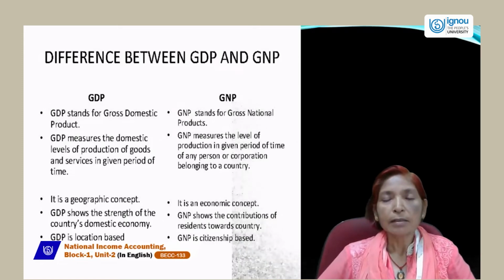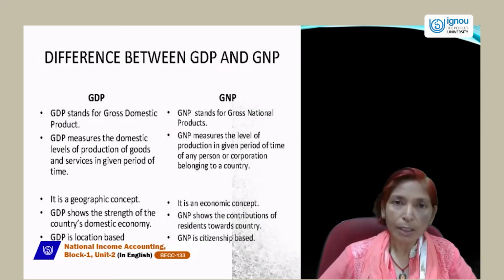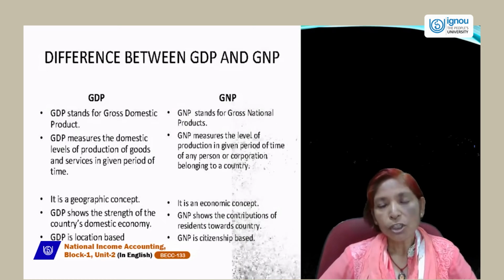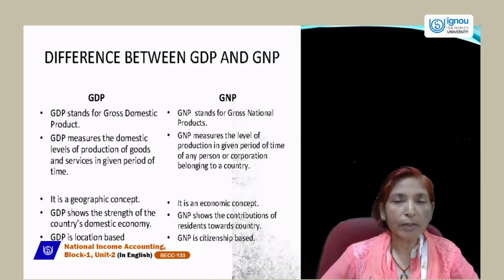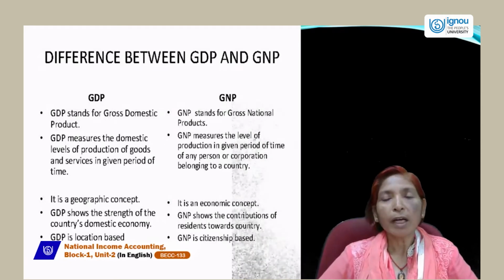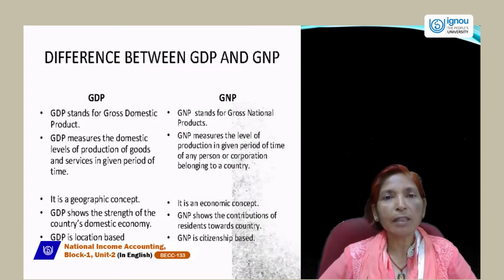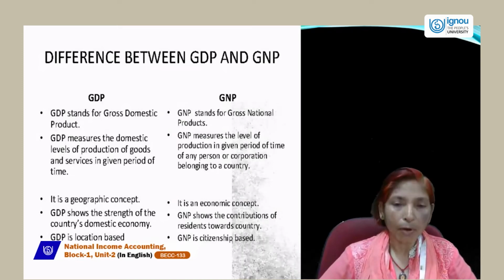And if we deduct NFIA from GNP, then we get the GDP concept. So we can convert GDP to GNP and GNP to GDP. The only difference between domestic and national is net factor income from abroad. And net factor income from abroad is the difference between income received from abroad and income paid to abroad.